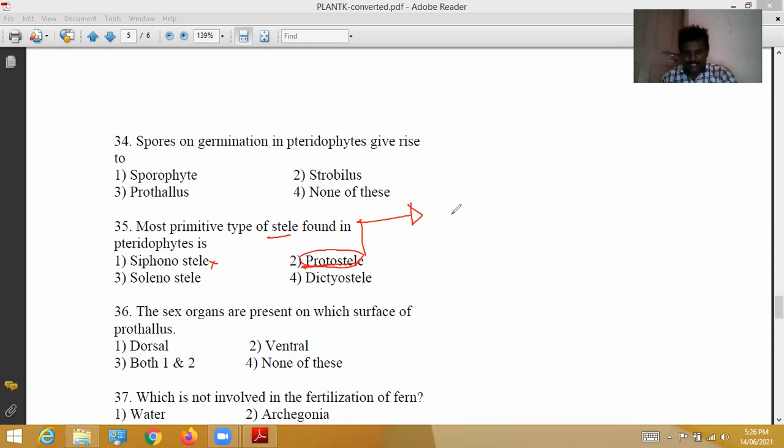Stele is a column containing vascular tissue. See here, this is the vascular bundle, this is called vascular tissue, and this vascular tissue is called stele.